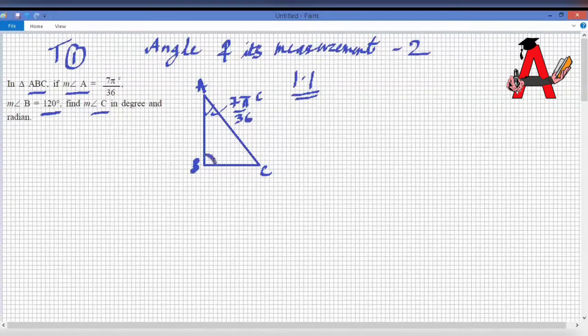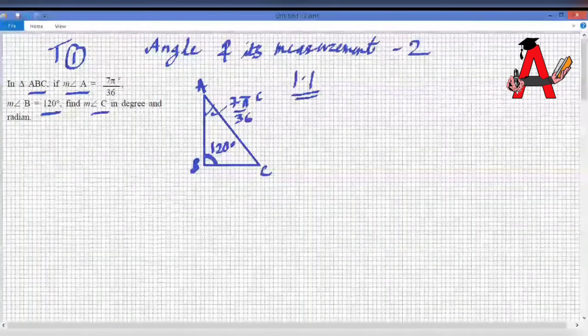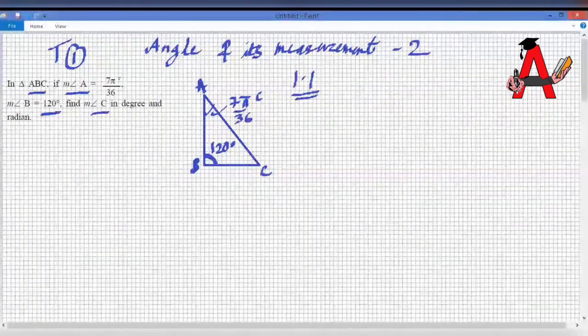Unfortunately, I have drawn a right angle triangle, but this angle is more than a right angle. Don't go by the size. Measure of angle C is what we have to find out.